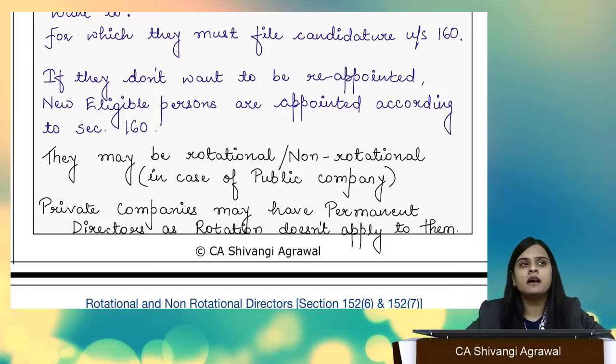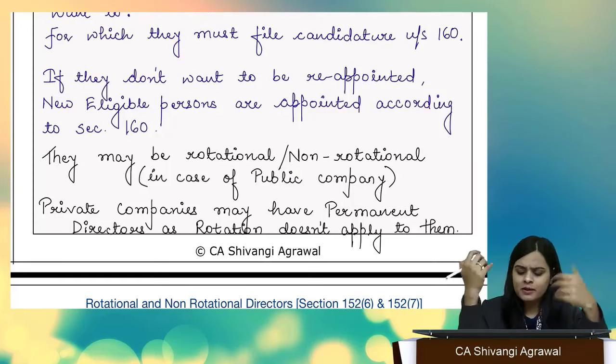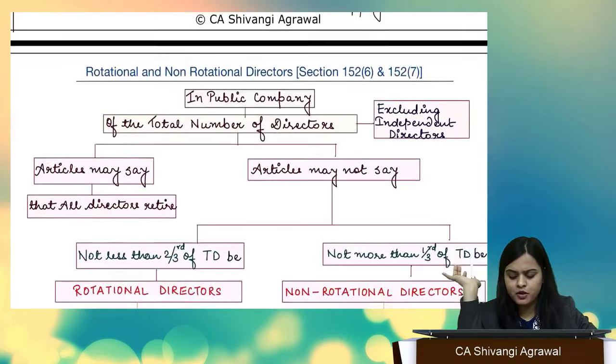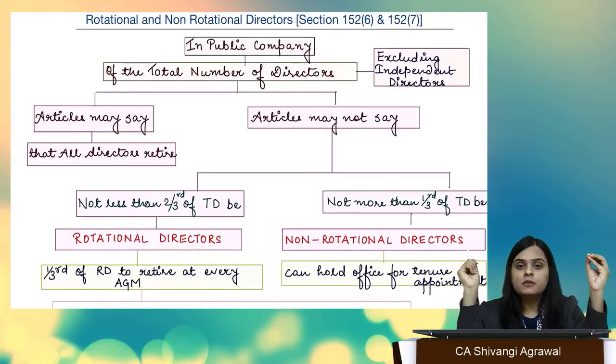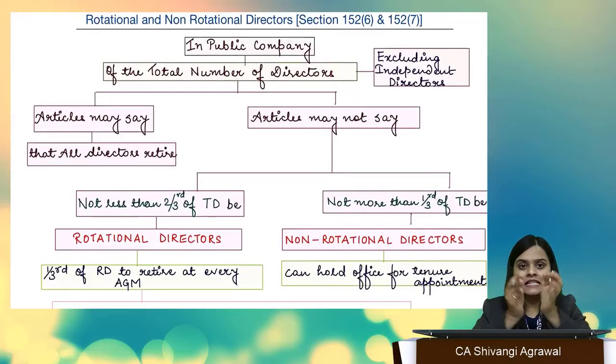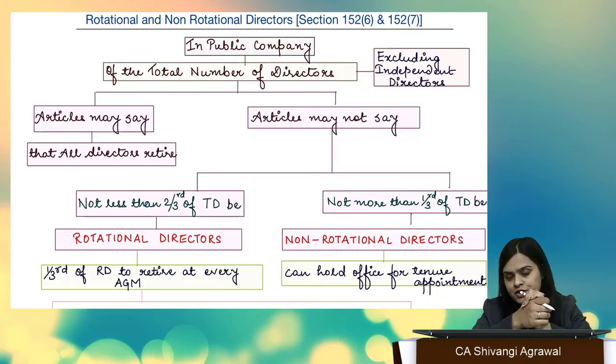Fine, ma'am. And after that, you can be appointed as rotational director or non-rotational director in case you are a director of a public company. If you are a director of a private company, you can be a permanent director also, that's not a problem. But if we are talking about the directorship of public companies, then you can be appointed either as rotational director or as non-rotational director.